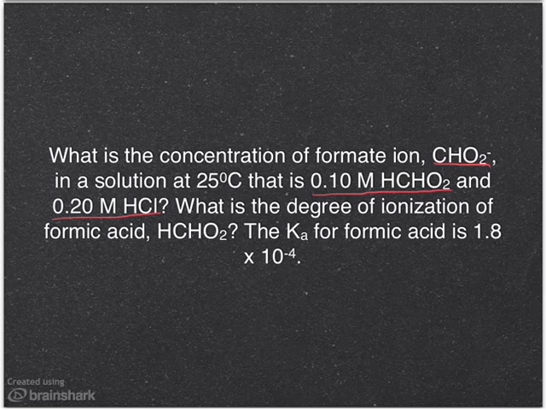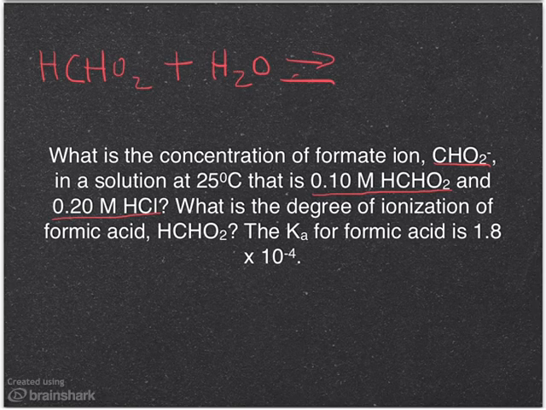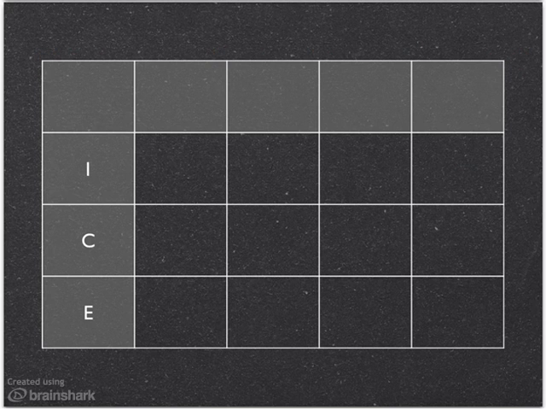So you have HCHO2 plus water yields CHO2 minus plus H3O plus. Now let's plug everything into our ICE table. So you have HCHO2, then CHO2 minus, and H3O plus.